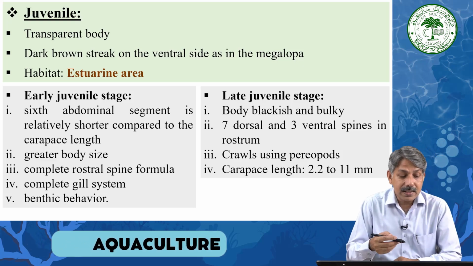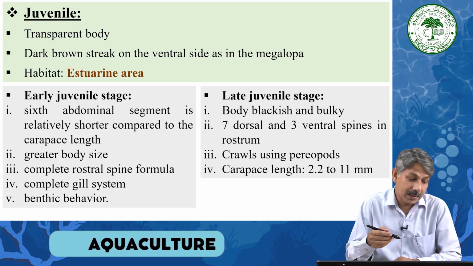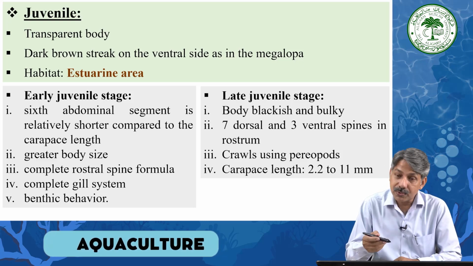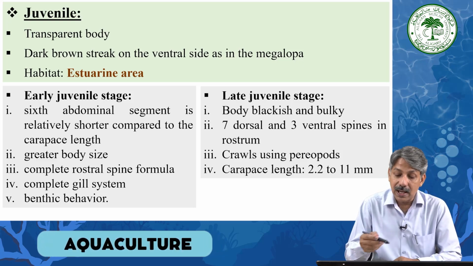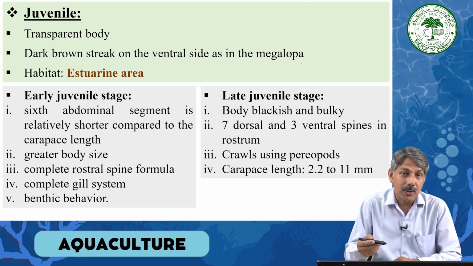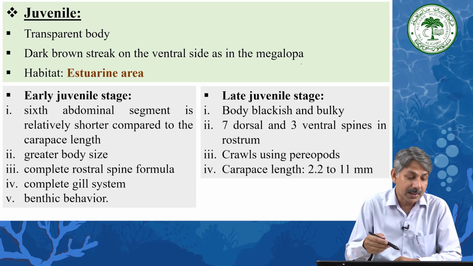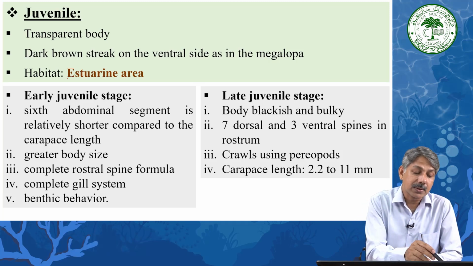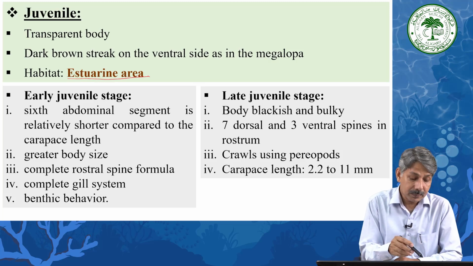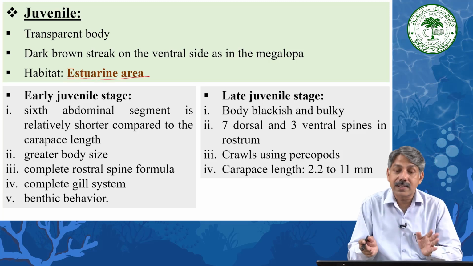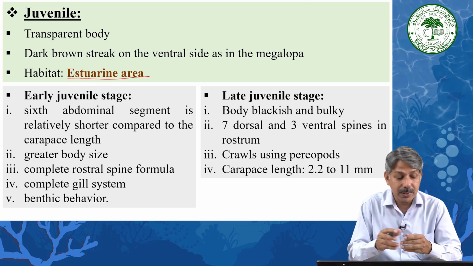Then juvenile stages have a transparent body, with a dark brown streak on the ventral side as in the megalopa, or what we popularly call PL stages. Their habitat is usually the estuarine area. How do early juvenile stage and late juvenile stages compare to each other?